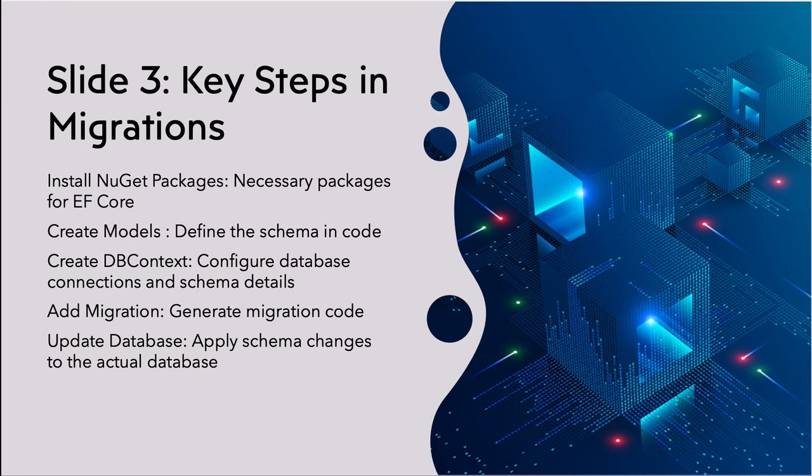This class is responsible for connecting your application to the database. Then you add a migration, which generates the migration file. And the last step is to update the database. Finally, this command applies those changes to your actual database. So these are the essential steps to get your migration working.